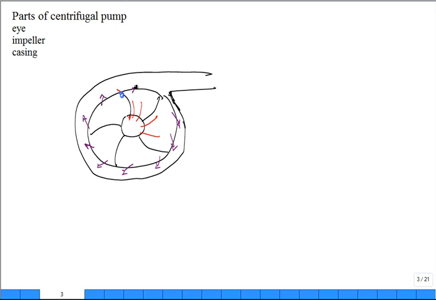Flow is added to it until it's finally 100% leaving. So the flow comes in the eye region, goes through this impeller region that's rotating, and in the casing it's collected up and then converts a lot of that high kinetic energy into a different form of energy, the higher pressure. From Bernoulli's equation, you can see that.